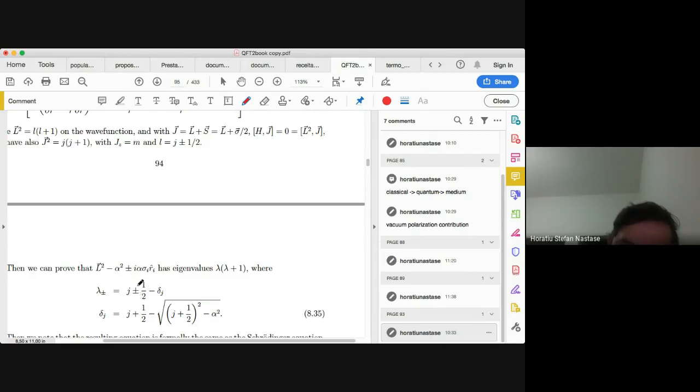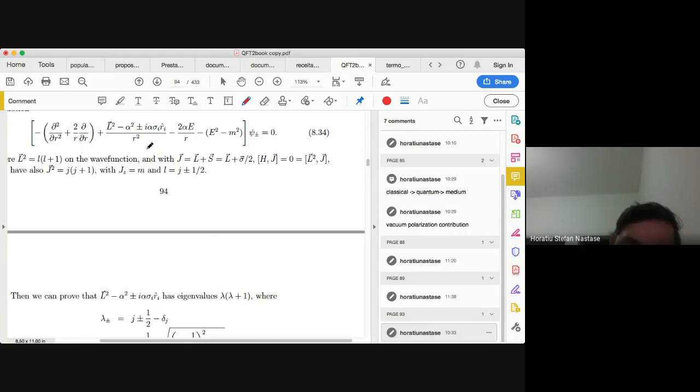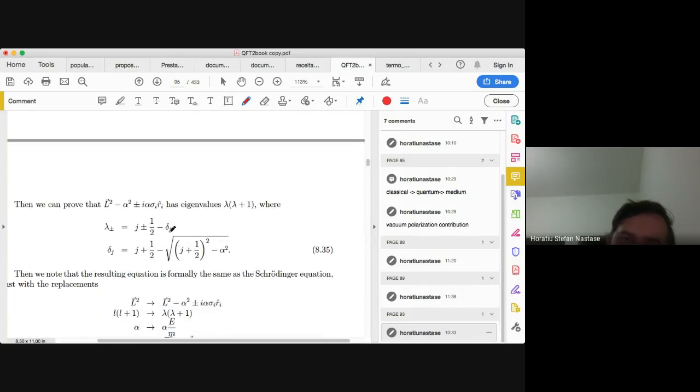This term would be really L. So therefore, as you can see, this contains L plus 1. And then there's also a correction, delta J. And delta J, the relation is somewhat complicated.